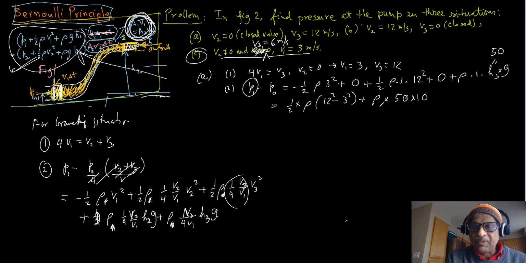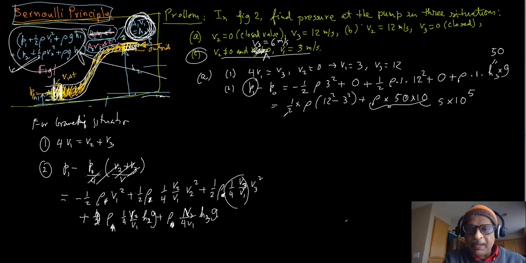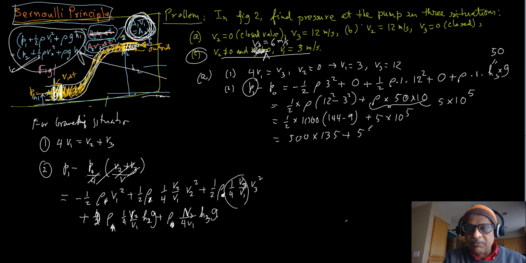Okay, so this one is 5 times 10 to the power 5, almost 5 times atmosphere, and this is half times 1,144 minus 9 plus 5 times 10 to the power 5. So this is 500 times 135 times 10 to the power 5.